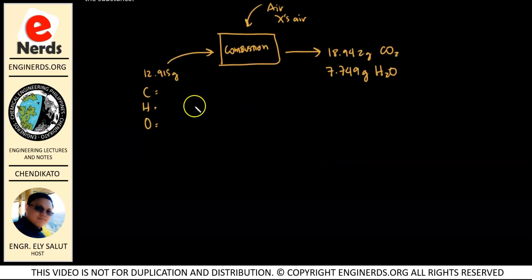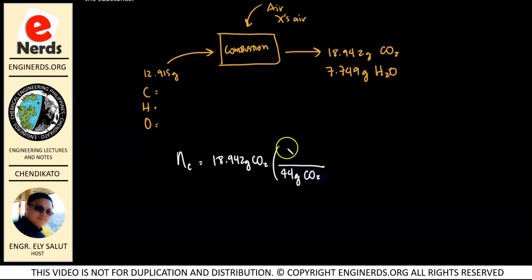Let us try to find out kung ano yung number of moles ng carbon using itong CO2 natin. Dahil alam naman natin na lahat ng carbon natin is just coming from our fuel based sa ating material balance dito, no? So, ang weight ng ating carbon dioxide is 18.942 grams CO2. So, let us get the number of moles ng ating CO2. So, we have 44 grams of CO2 for every 1 gram mole of CO2.